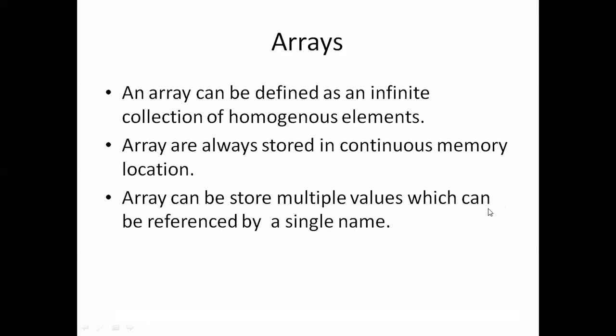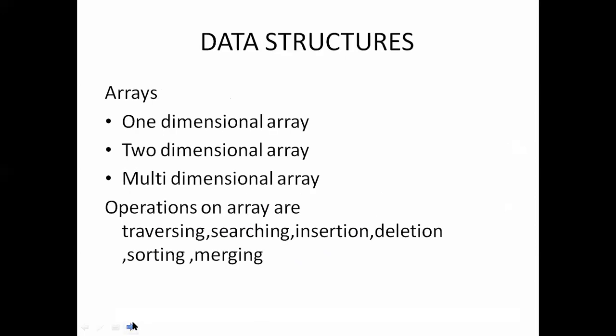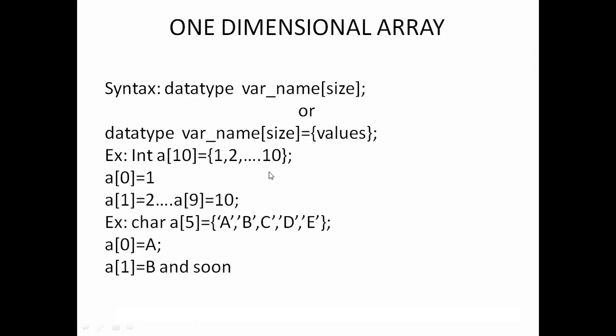Different values will be stored, but they can be accessed by a single name. Arrays are classified into three types: one-dimensional array, two-dimensional array, and three-dimensional array. Coming to the one-dimensional array, see here.